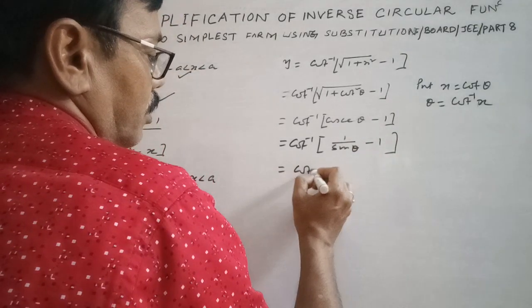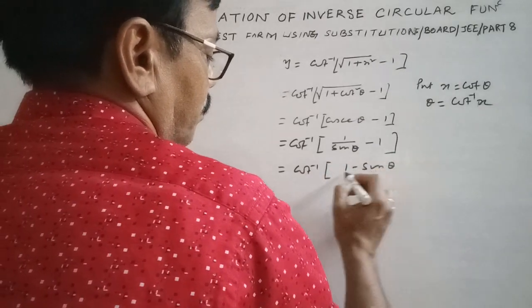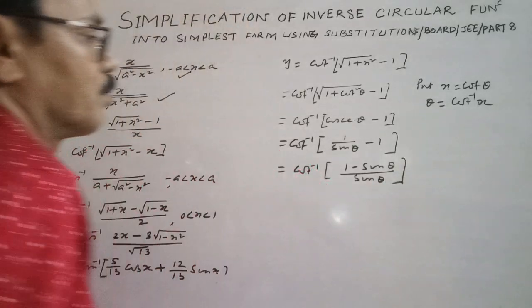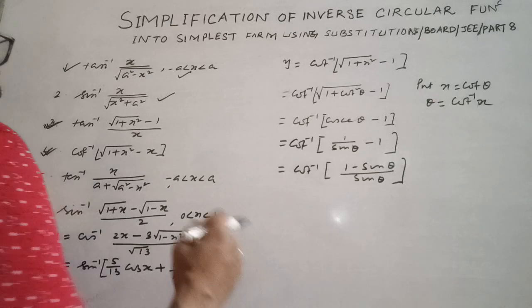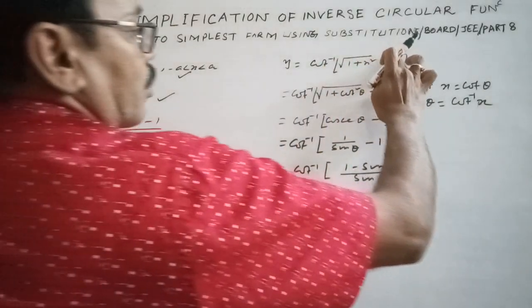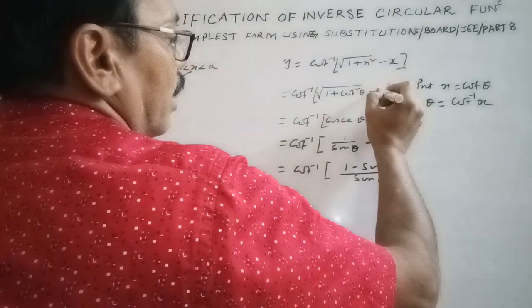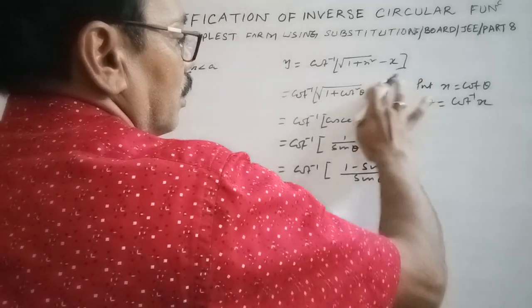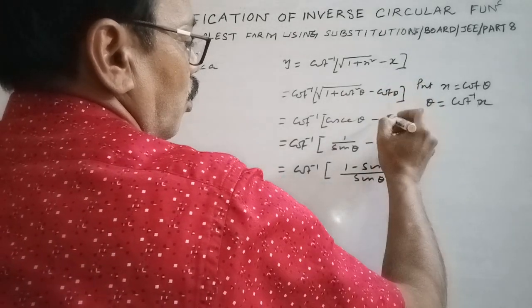So cot inverse of 1 minus sin theta by sin theta. Sorry, this one is x, not 1, this is x, so this is cot theta. This one is cot theta, correct it, this is cot theta.